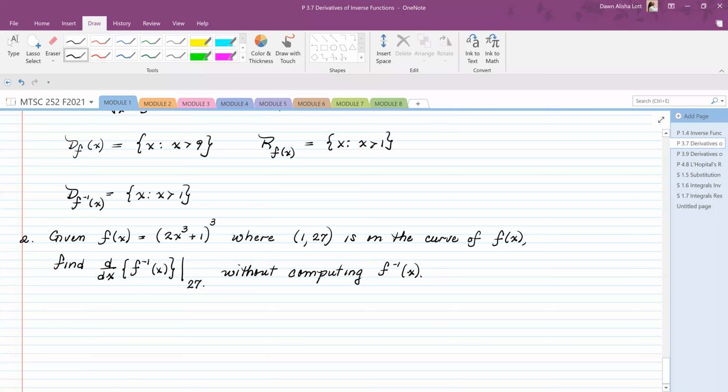Okay, so yes, you are correct, Ezekiel. There is a way that I can actually find the inverse of the function and then take its derivative at 27. But what I would like you to do is give me the derivative of the inverse function at 27, but I don't want you to go through the work of computing f inverse.